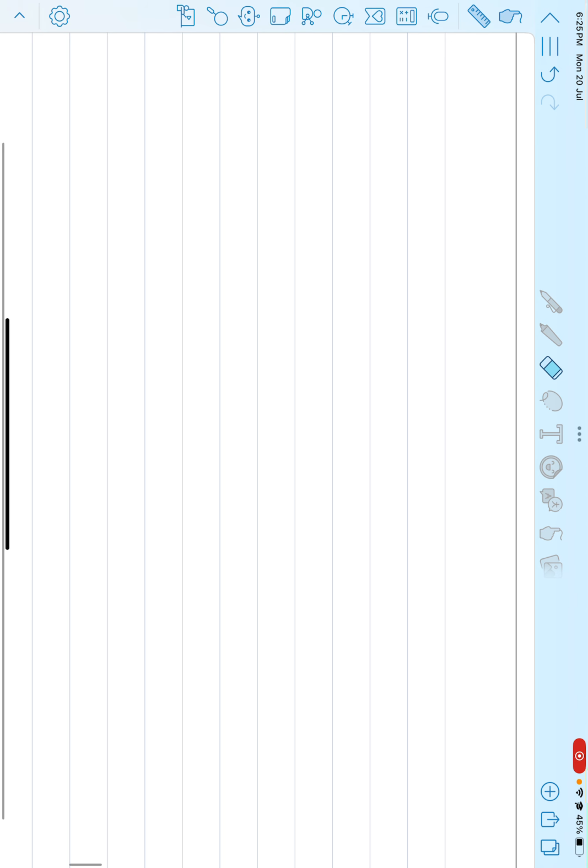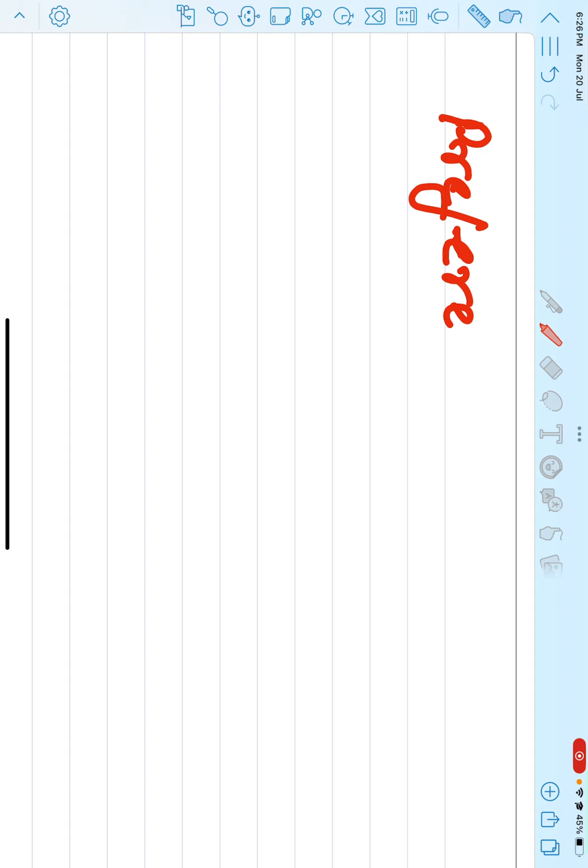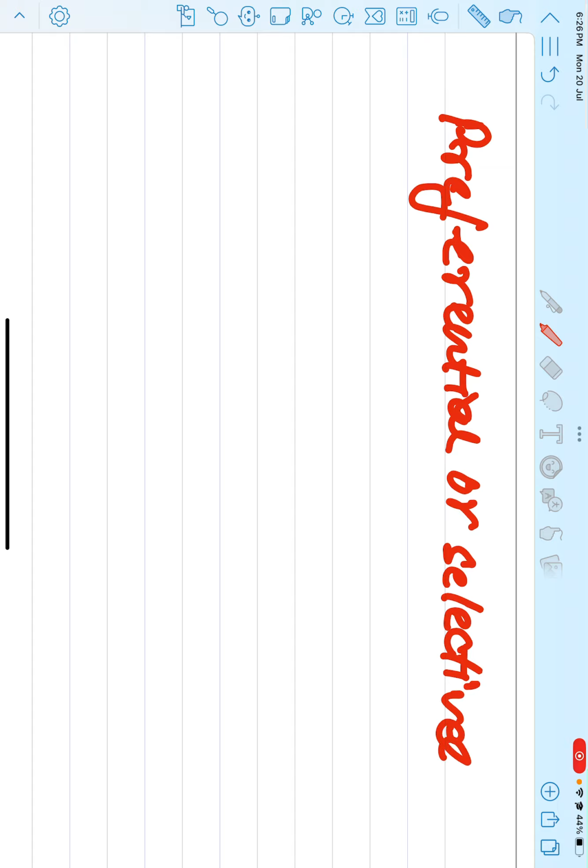I wrote the spelling wrong. Preferential or selective discharge of ions.